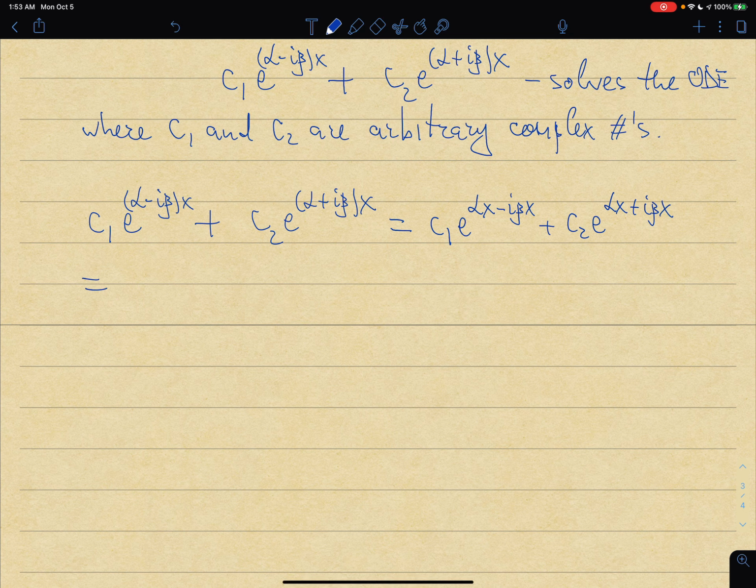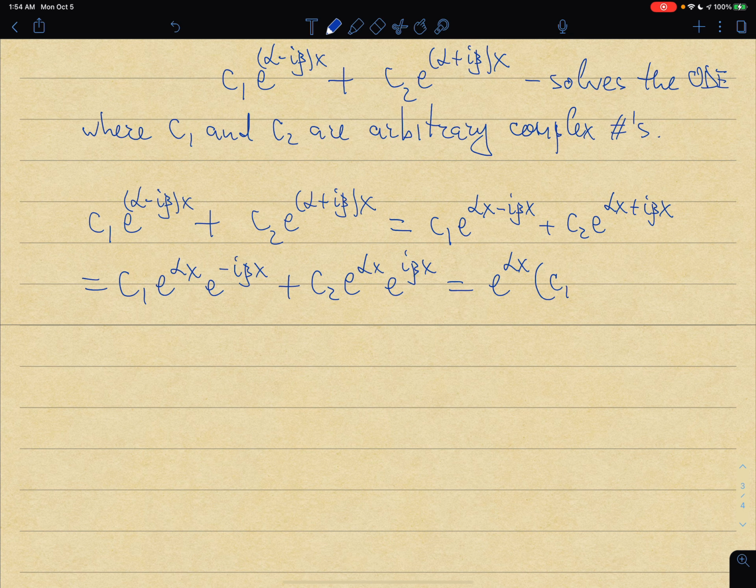I'm going to write this as c1 e to the alpha x minus I beta x. I can write again as a product of two exponentials, e to the alpha x times e to the minus I beta x, and I can do the same thing for C2. Here it is e to the alpha x, e to the I beta x. And then there's a common factor of e to the alpha x, which I can pull out.